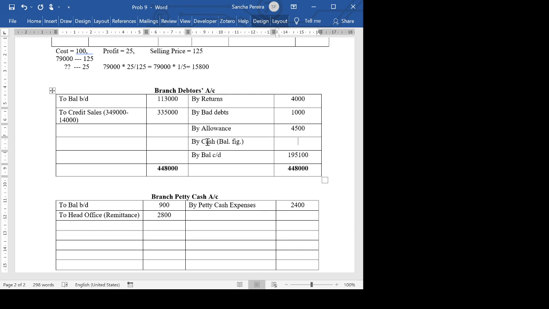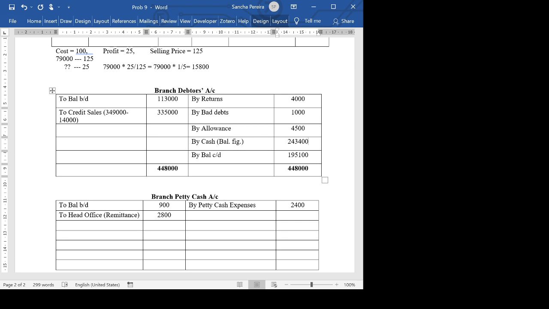So that comes to 4,48,000 minus 9,500 minus 1,95,100, which comes to 2,43,400.